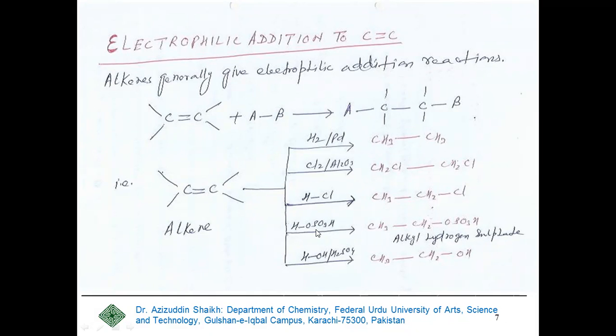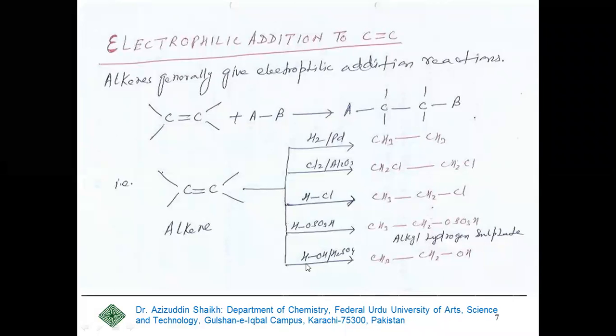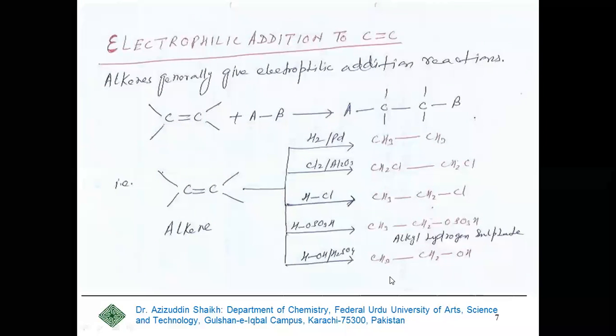With sulfuric acid, alkyl hydrogen sulfate is obtained: one side hydrogen is added and the sulfonic group is added on the other side. Water molecule in the presence of a little sulfuric acid as a catalyst gives hydration, and the alcohol is obtained.